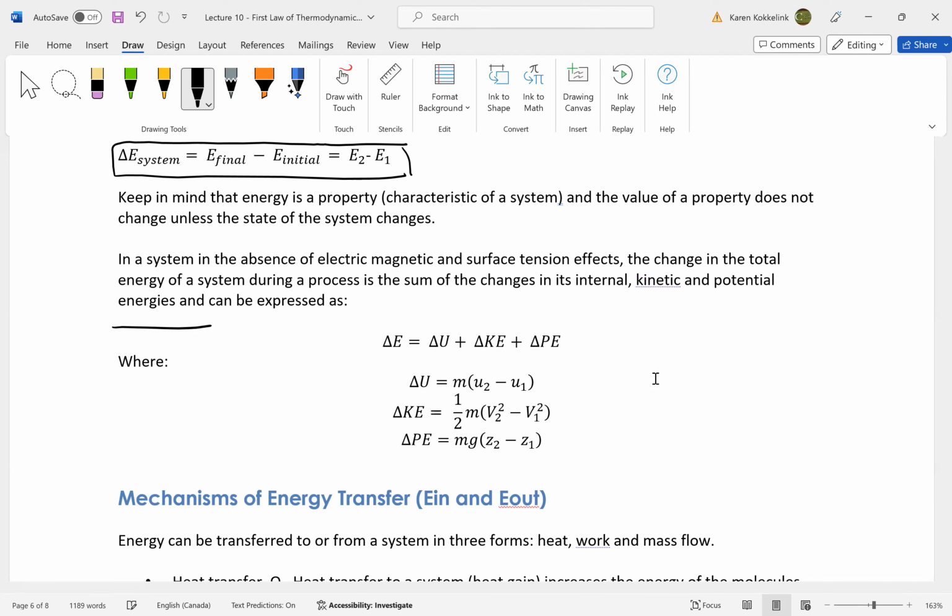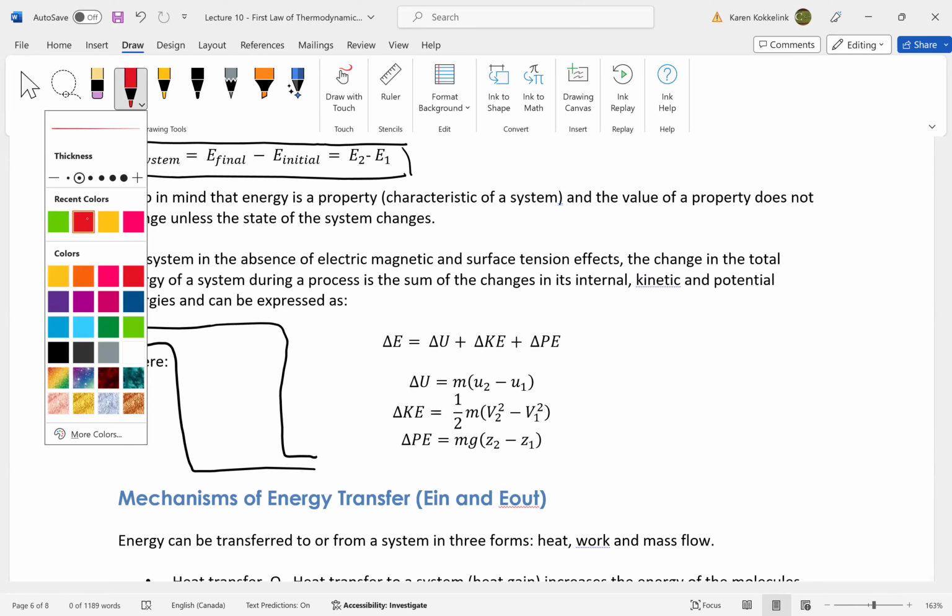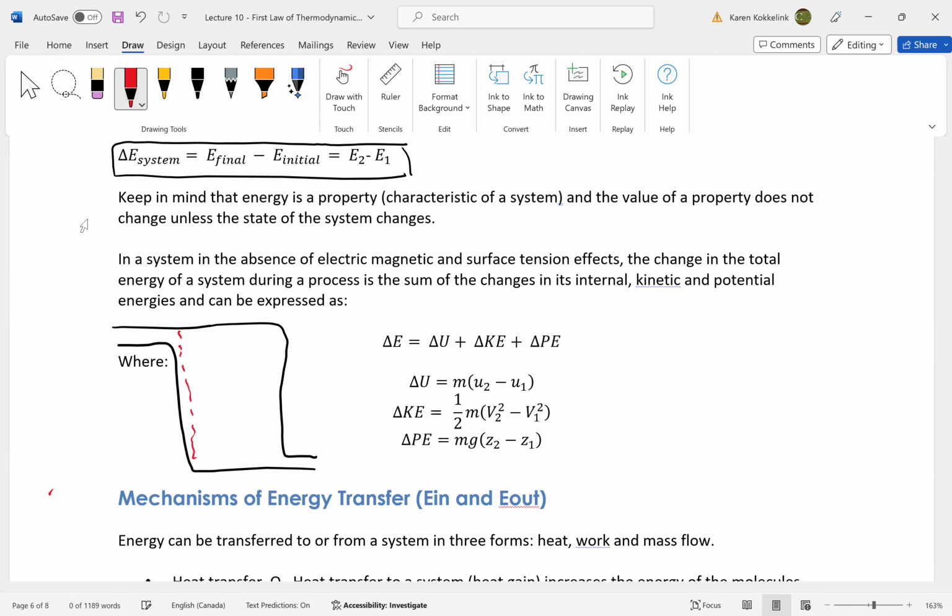So let's take some really simple forms of energy and take a look at a system and apply this delta E conservation of energy, first law energy balance. My first thing I have to do in a thermodynamics problem is draw the system.